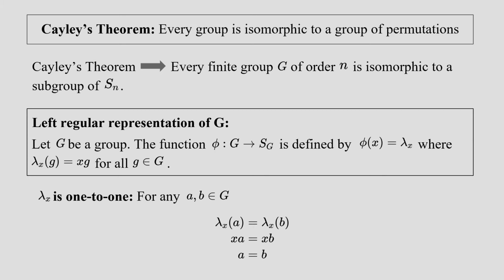To show that lambda sub x is one-to-one, we let a and b be elements of group G. Then suppose lambda sub x of a equals lambda sub x of b. Then we get xa equal to xb, and by cancellation, it will give a equal to b.